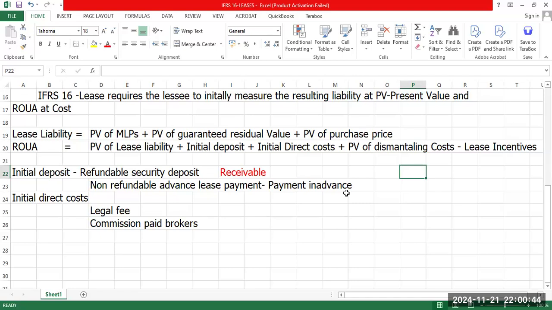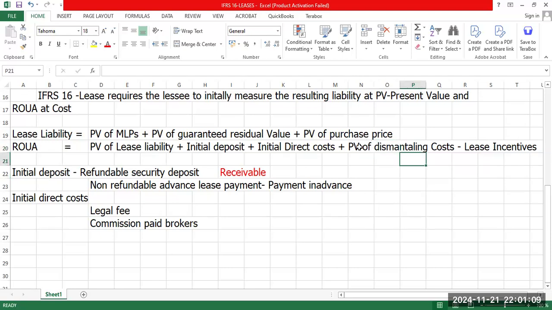Talk about retailer leases. A retailer leases a store and makes significant fit-outs, like lightings, displays, shelves, among others. At the end of it all, you have to remove all those things and put the asset to its original position.